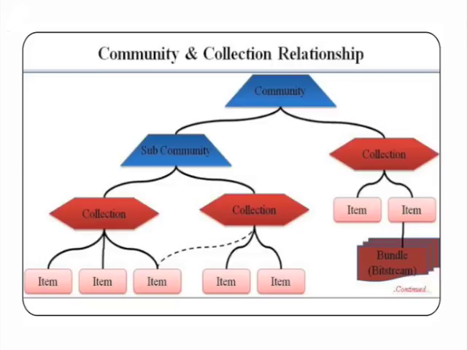Communities contain collections, which are groupings of related content. A collection may appear in more than one community. Each collection is composed of items, which are the basic archival elements of the archive. Each item is owned by one collection. Additionally, an item may appear in additional collections. However, every item has one and only one owning collection.